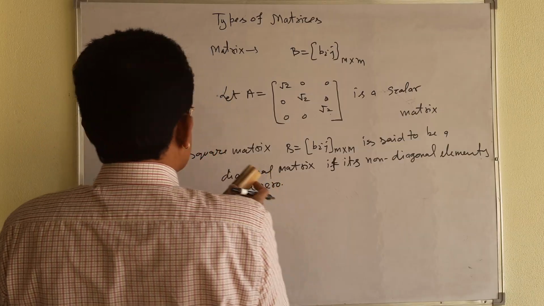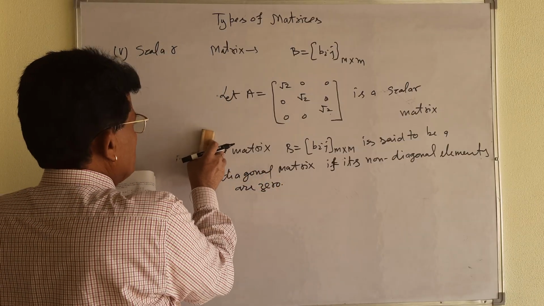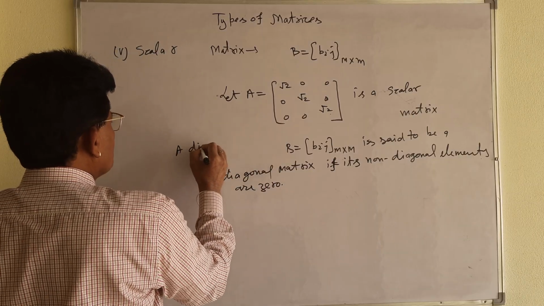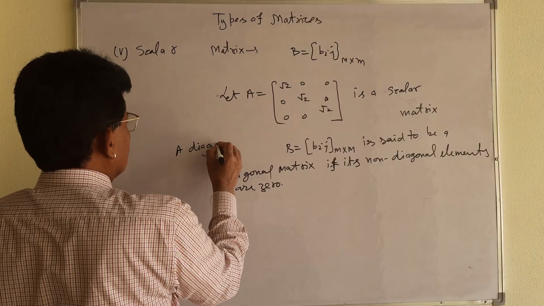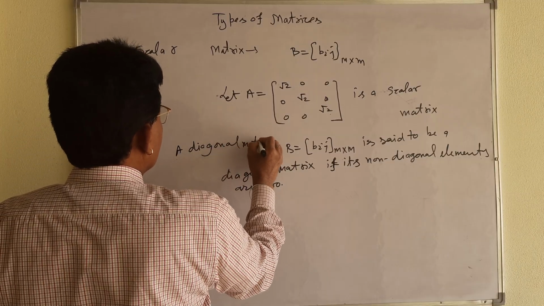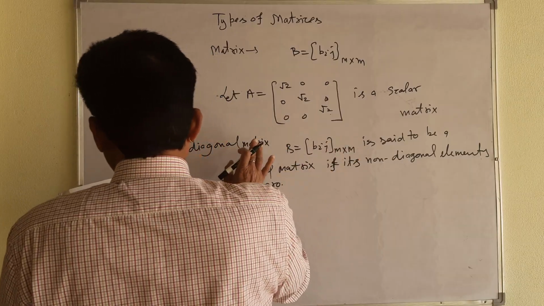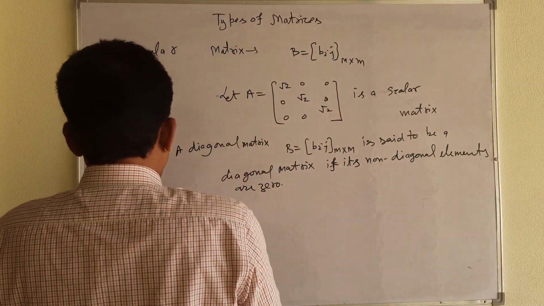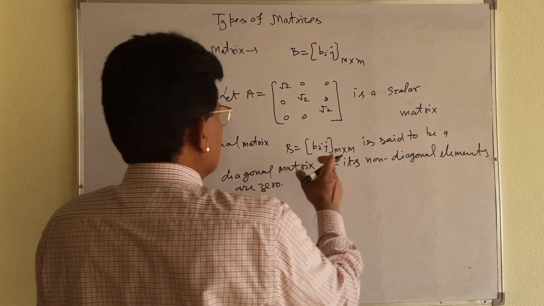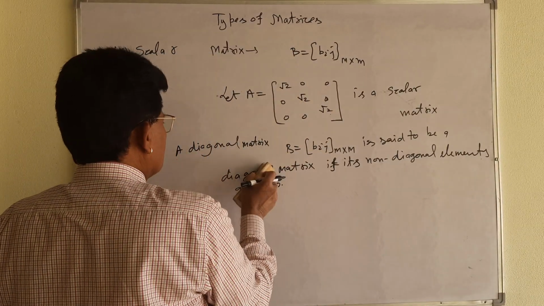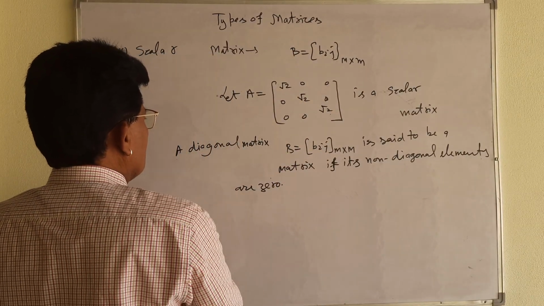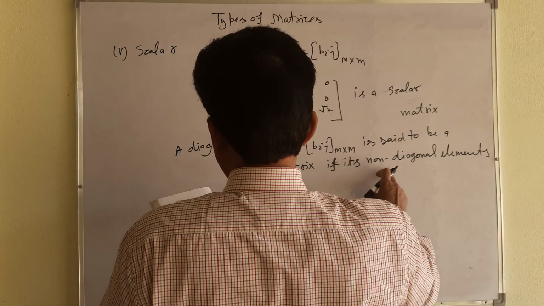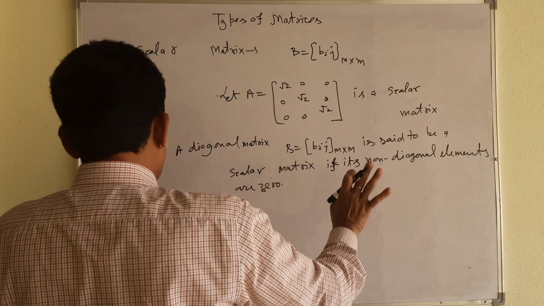A diagonal matrix is said to be a scalar matrix if it has non-diagonal elements 0, definitely.